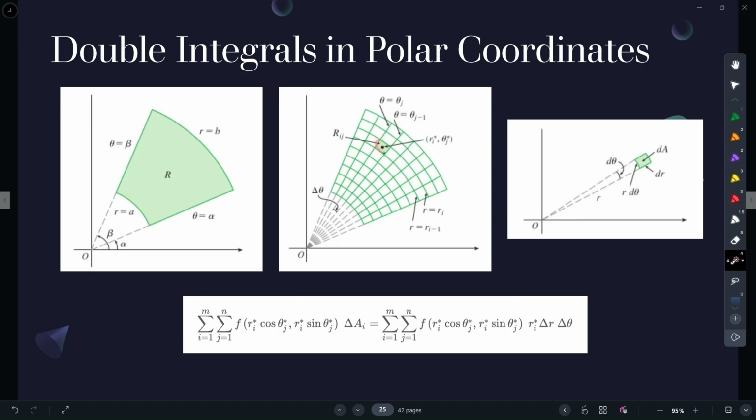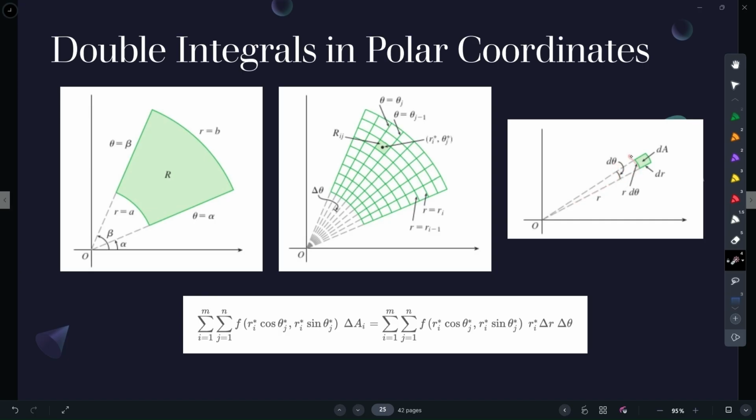But what is the area of such a region? If you expand this, the area will be approximately the change in radius times the change in angle, except that when you're calculating the area of a circular region, it depends how long this radius is and what the change in angle is.